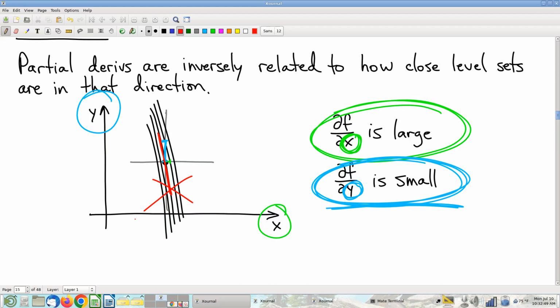Not even close. The slope of this red line is neither of these partial derivatives. Everybody happy? Okay. All right. Moving along.